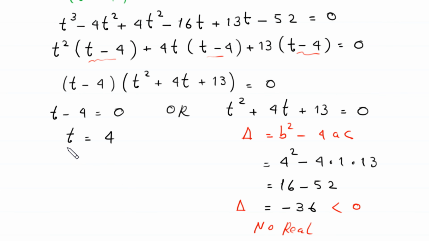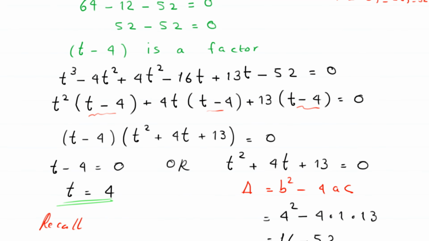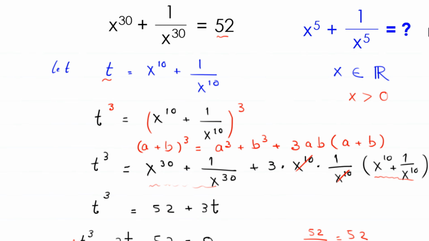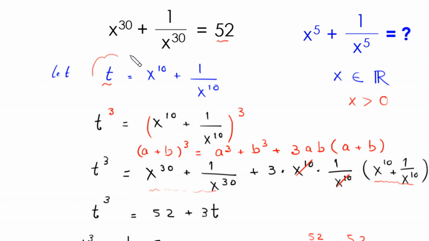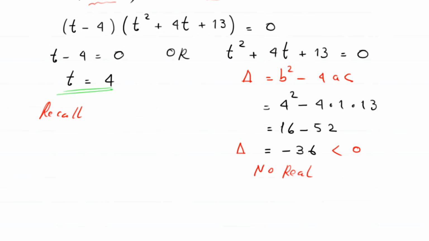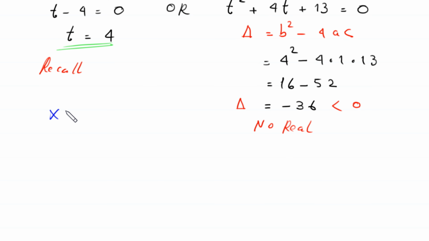Now recall that we have supposed that t is equal to x to the power 10 plus 1 over x to the power 10. We have supposed that x to the power 10 plus 1 over x to the power 10 is equal to t. So t is 4, so this will become x to the power 10 plus 1 over x to the power 10 is equal to 4.